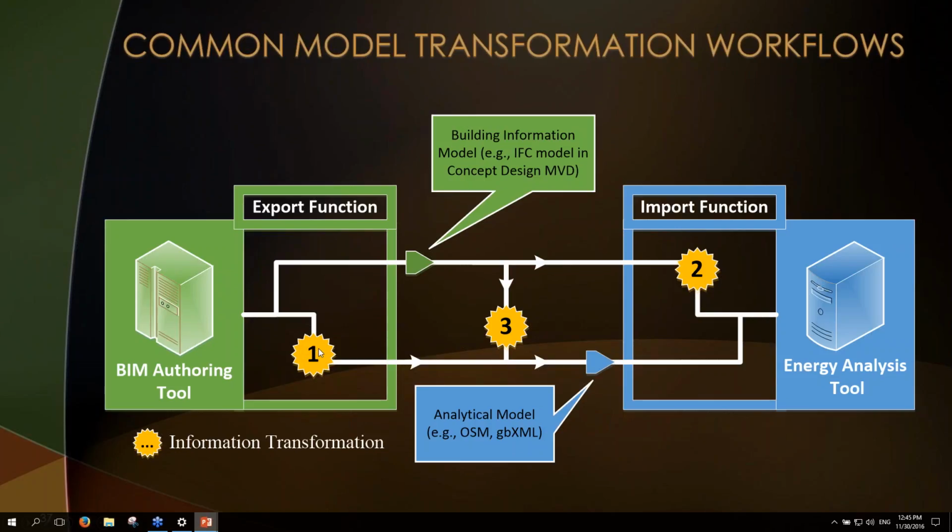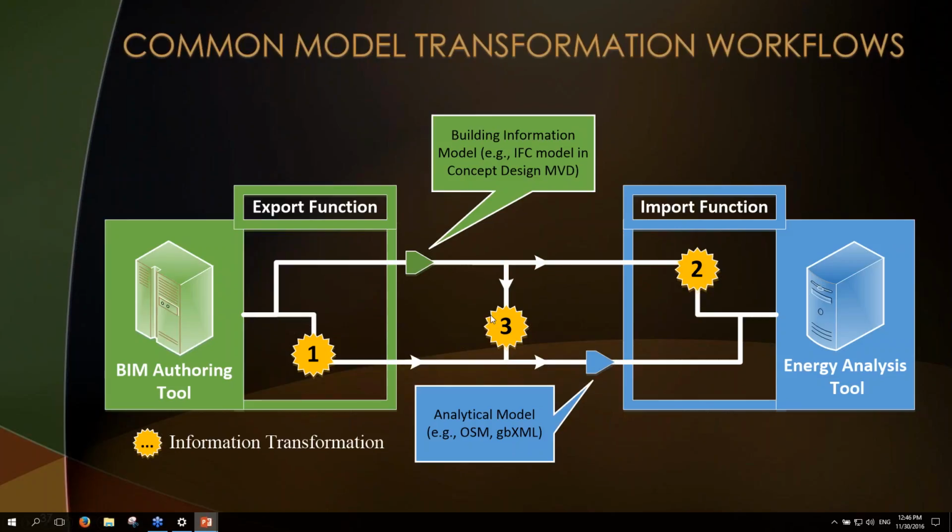If you have a look at Revit, Revit can export a gbXML file for you. gbXML is for energy analysis. So Revit internally interprets an analytical model and then represents that in gbXML. And then you just have to import that model into your energy analysis tool, because gbXML is an energy model.